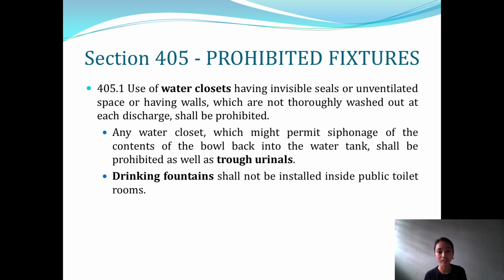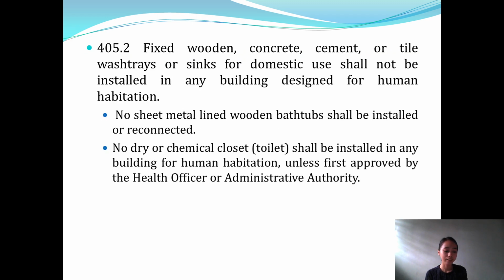Also, drinking fountains that are installed inside the public toilet rooms are prohibited. Next is the last one, 405.2. Fixed wooden, concrete, cement or tile wash trays or sinks for domestic use shall not be installed in any building designed for human habitation.